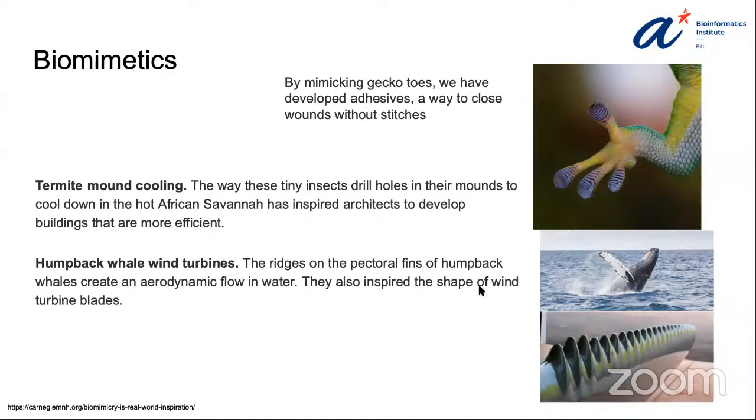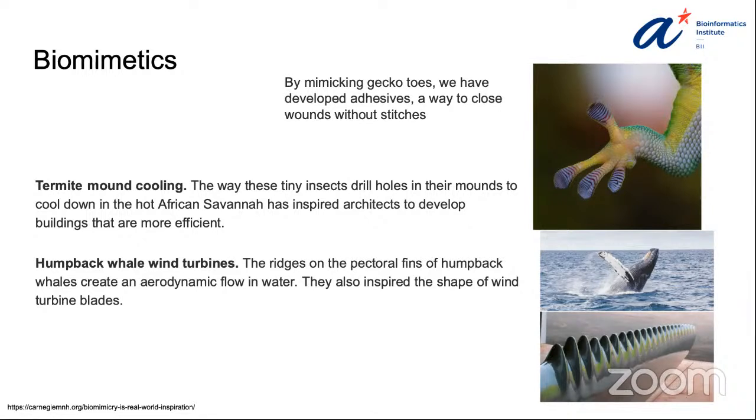So for example, people have looked at lizard feet and found certain properties of the hair that is on those feet, and translated them into devices, into adhesives, and ways to heal the wound, not heal the wound, more like make stitches to close the wound. Okay, so that is technology translation by using biomimetics.